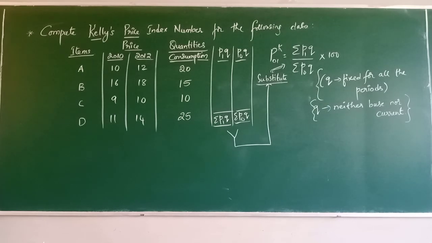P0 Q means 10, 20, 16, 15, 9, 10 and 11, 25. This way both the totals P1 Q and P0 Q you need to calculate, and those totals are to be substituted in the known formula: Kelly's price index number equals summation P1 Q by summation P0 Q multiplied by 100.